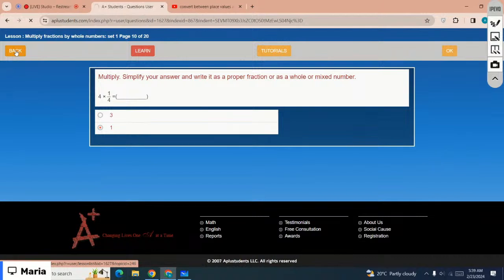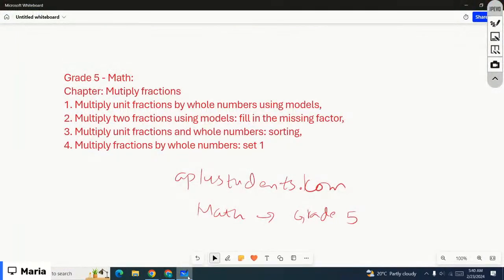The chapter we're working on is multiply fractions, and the lessons we have covered today are multiply unit fractions by whole numbers using models, multiply two fractions using models, multiply unit fractions and whole numbers sorting, multiply fractions by whole numbers, right?